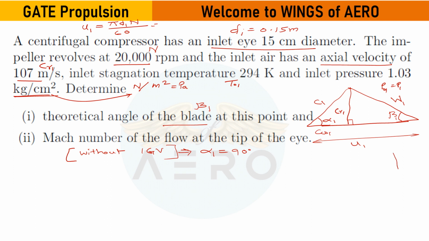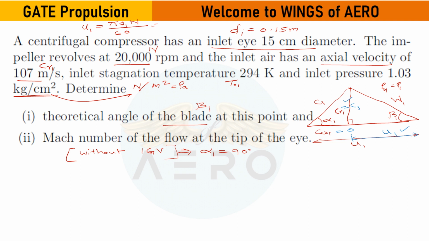That means the construction of this diagram is going to change. CR1 is going to be C1, right? CW1 will be 0, and from here to here is going to be your U1. Now you check, in this condition you have the value of U1, you have the value of CR1 as well as C1. Now can you find beta 1?